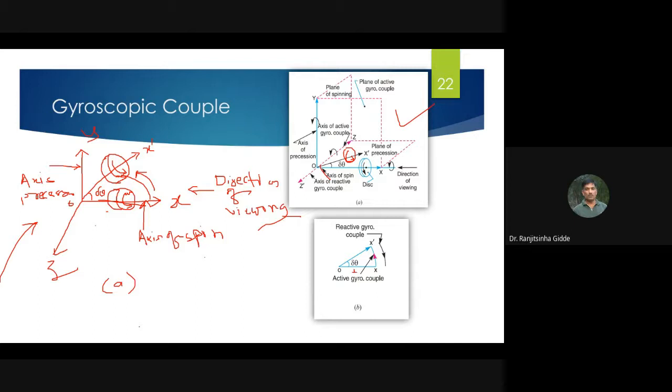Here you can write only I omega. Draw this diagram.